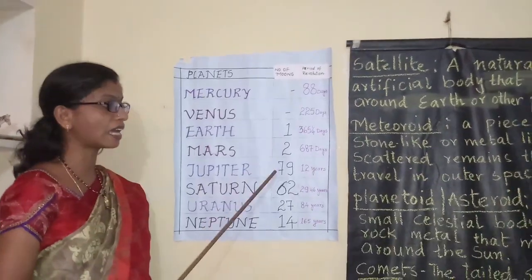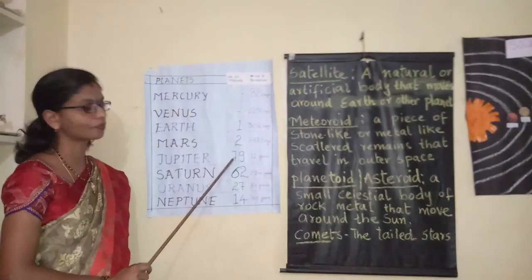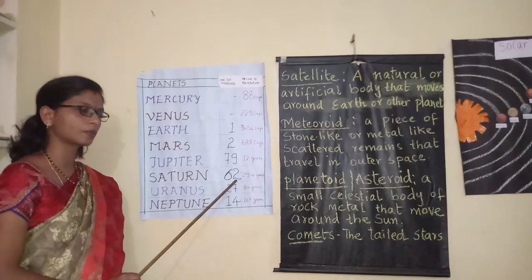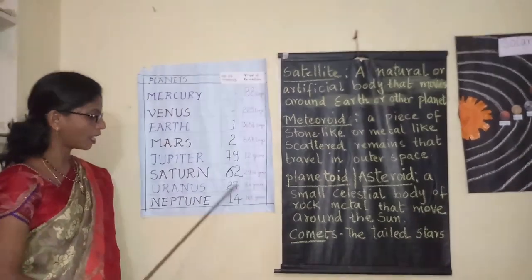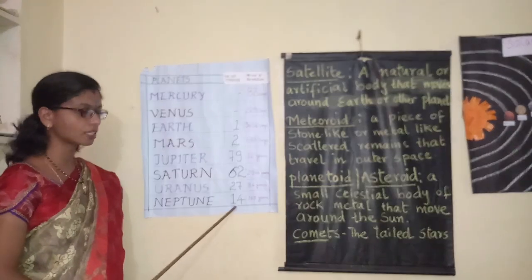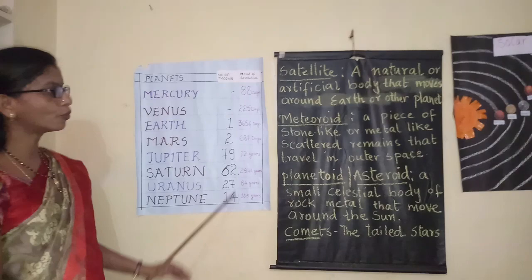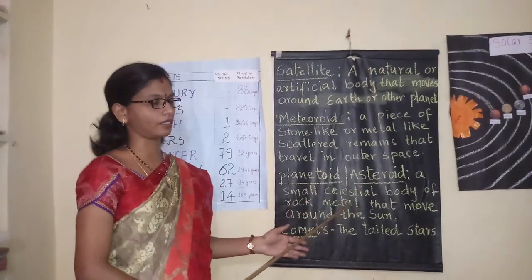Jupiter has the largest number of moons. It is 79. Saturn has 62 moons. Uranus has 27 moons. Neptune has 14 moons. So children, these are the number of moons which revolve around the different planets.